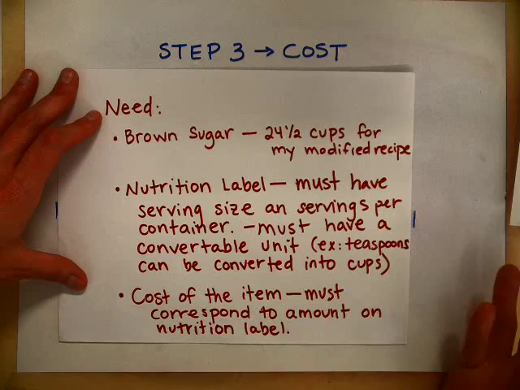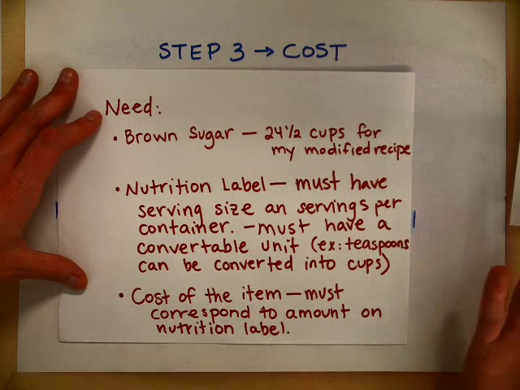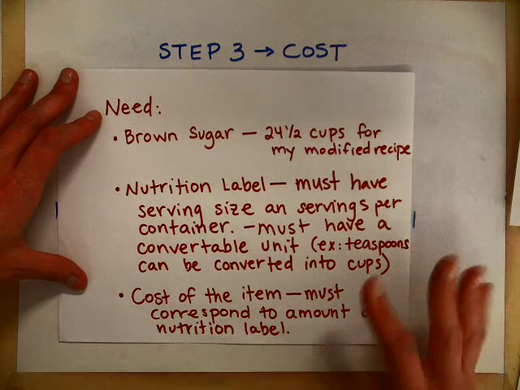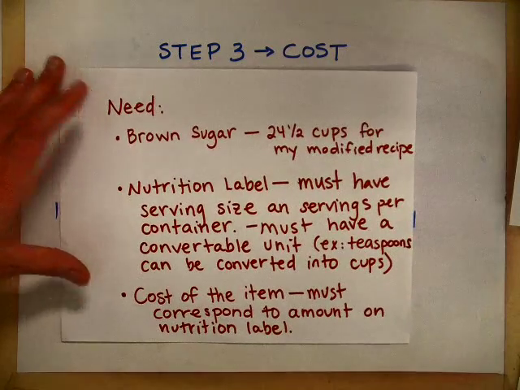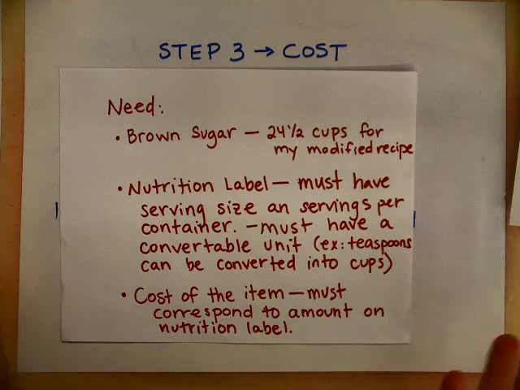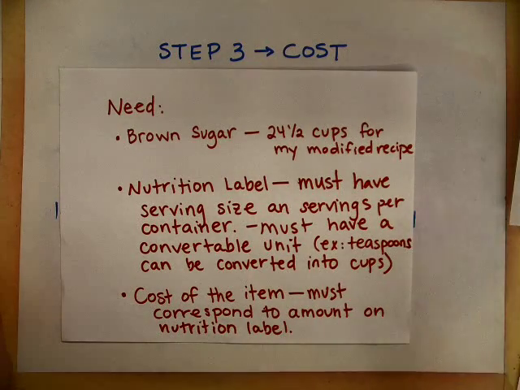So if you find a nutrition label that is in ounces and it's not liquid, and your recipe is in cups, then you can't really use it because you can't convert things from ounces to cups unless it's liquid.